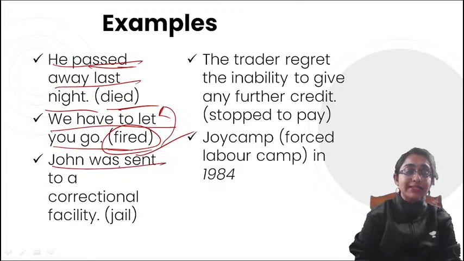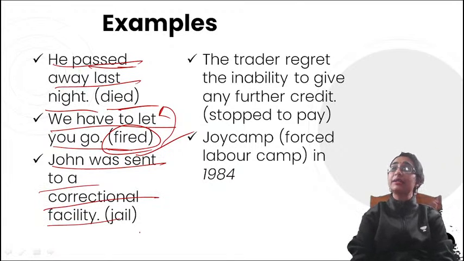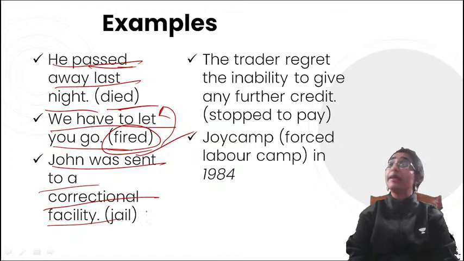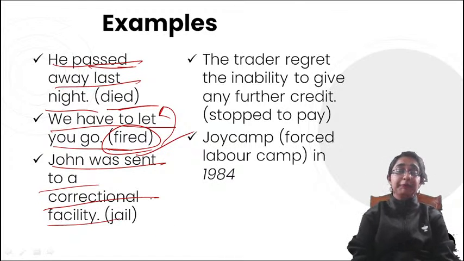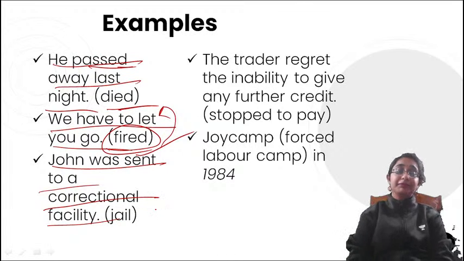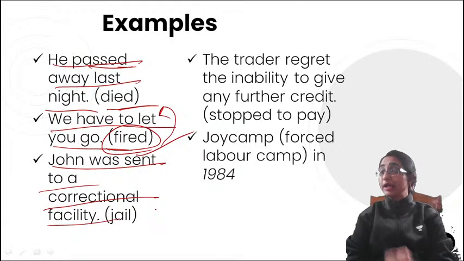Now, John was sent to a correctional facility. You all know that nowadays jails or prison houses are called correction houses, right? In Bengali we call it Sangshodhonagar. Actually, a prison house is such a house where we give criminals an opportunity to change their mind so that they can again be good human beings. That is the major purpose.